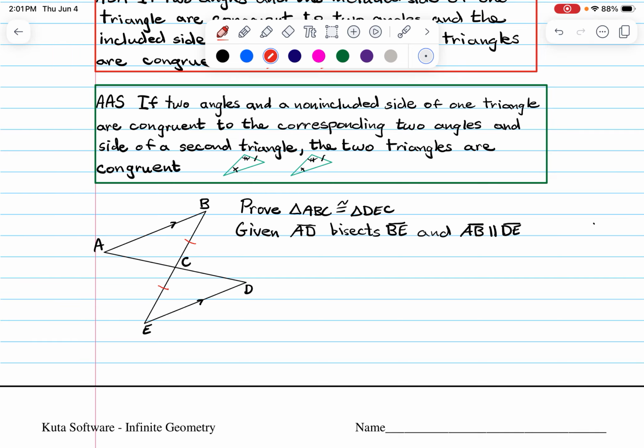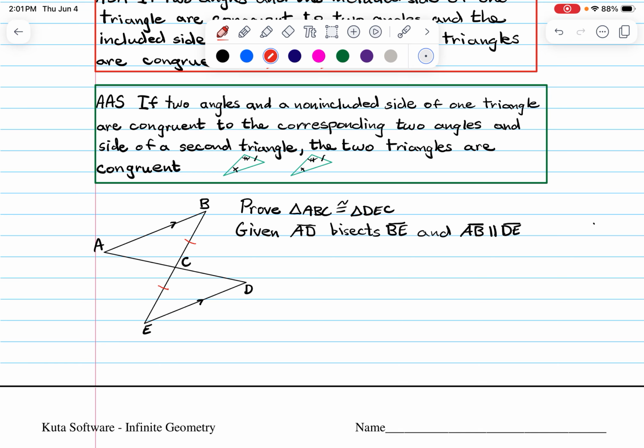So that means that BC and EC are congruent. But we'll talk about that in a second. So that's the bit of information we're given, and we're also told that AB is parallel to DE. So we've got that.